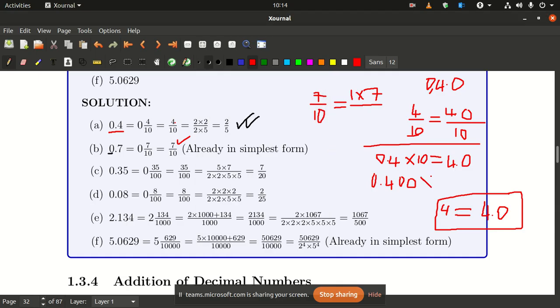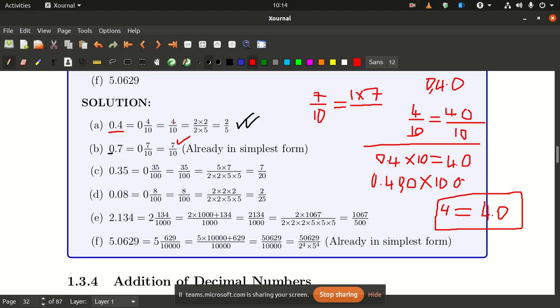When you're multiplying by 100, you are moving the decimal point to the right. How many zeros here? We have 2. So we are moving the decimal point 2 times. So this one, it was here, it's going to go from here 1, 2.